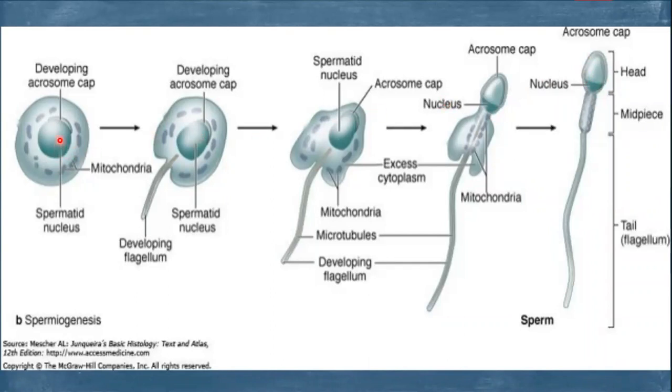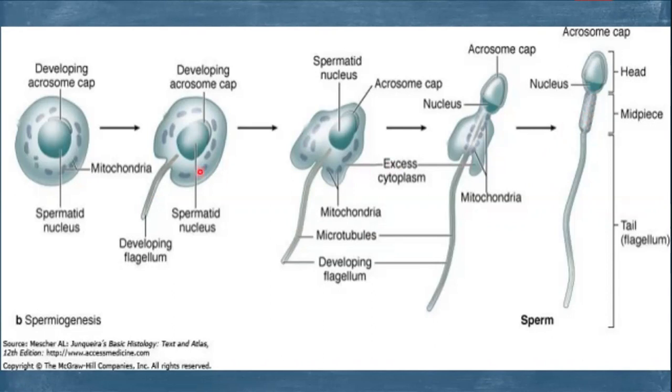The second thing is that the nuclear material condenses, right? Here you can see the nucleus is bigger, and eventually the size of the nucleus is decreasing, and the nuclear material within the nucleus is condensing. Then the tail is eventually forming, right? Similarly the neck and the mid piece.